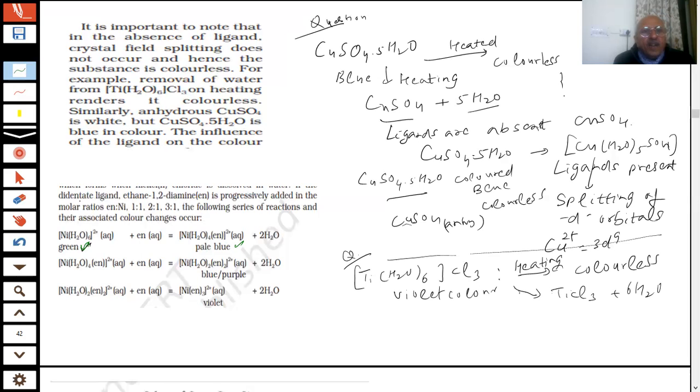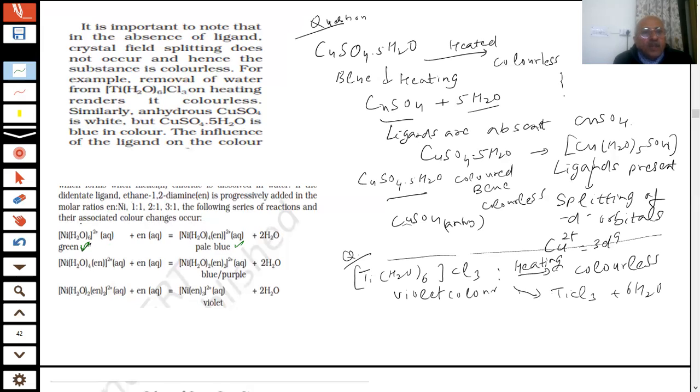Further, we add more en, reacting ethane-1,2-diamine progressively with the nickel complex in the ratios 1:1, 2:1, 3:1, a series of reactions we have shown.